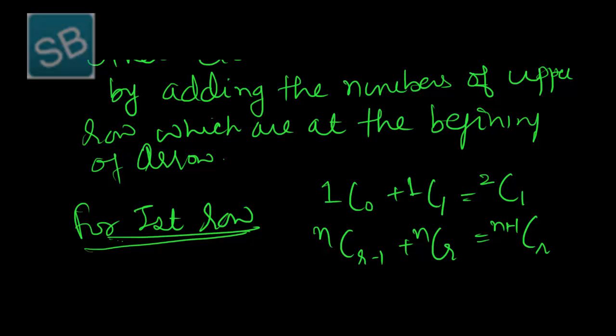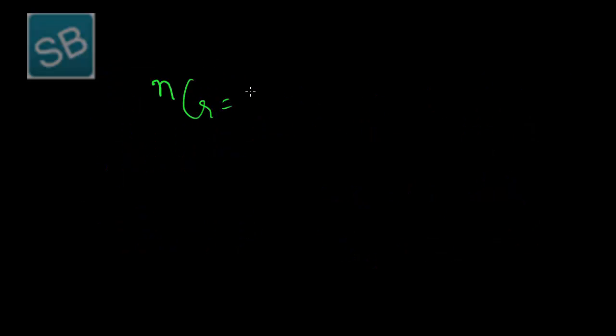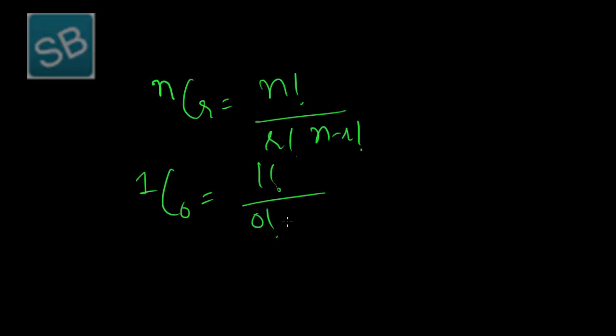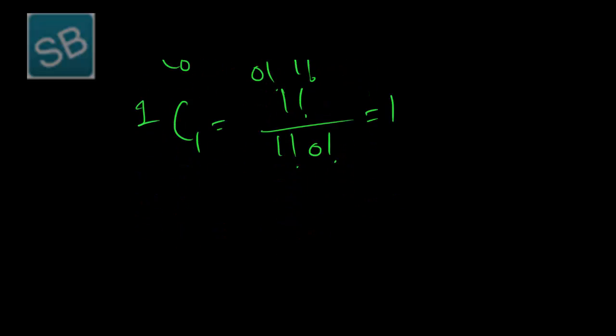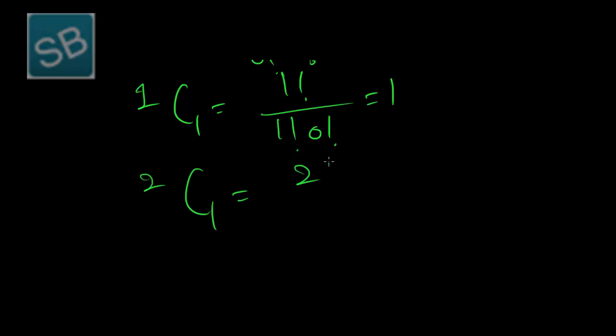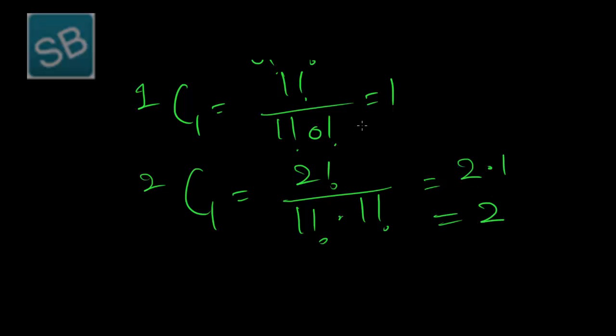We know that nCr is equal to n factorial over r factorial into (n minus r) factorial. Therefore, 1C0 is 1 factorial over 0 factorial into 1 factorial, that is 1, as 0 factorial is 1. And 1C1 is 1 factorial over 1 factorial into 0 factorial, that is also 1. And 2C1 is 2 factorial over 1 factorial into 1 factorial, that is 2. So the sum of these two is 2. You can check this at every row.